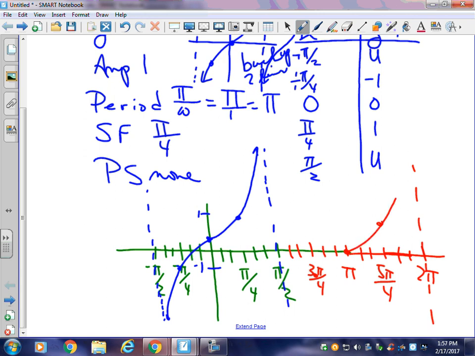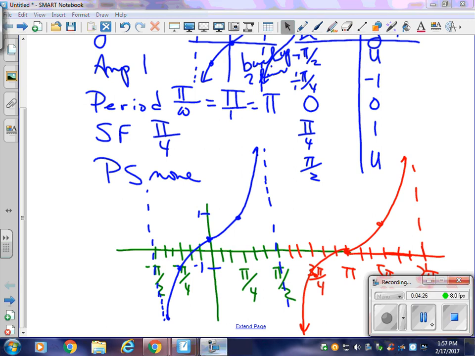So curve your parabola up, curve your parabola down. Alright, so with this problem, this is the parent function. So now let's look at an example of tangent, maybe with some shifts and different things in it, so we can see how that changes our graph.